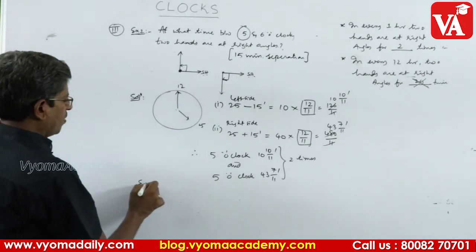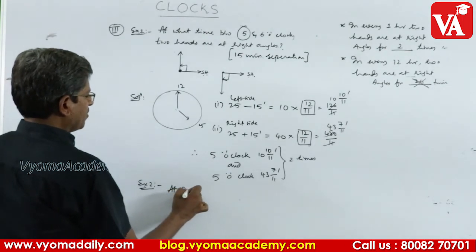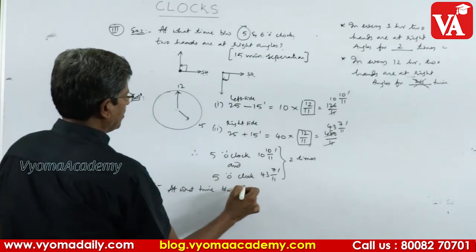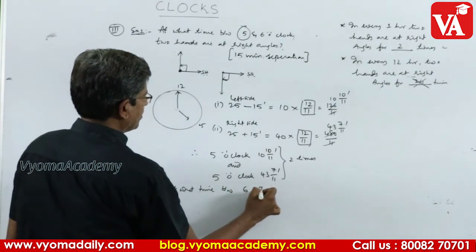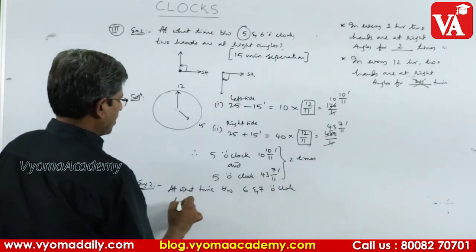Let me give you one more example here. Example 2. At what time, between 6 and 7 o'clock, are the two hands at right angles? Everything I will keep the same, only the timing I will change.